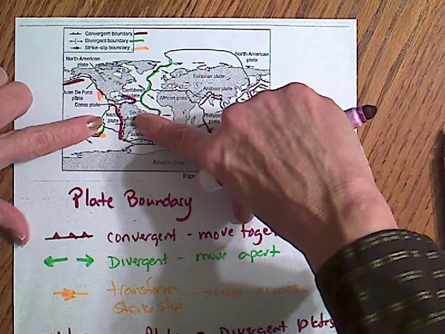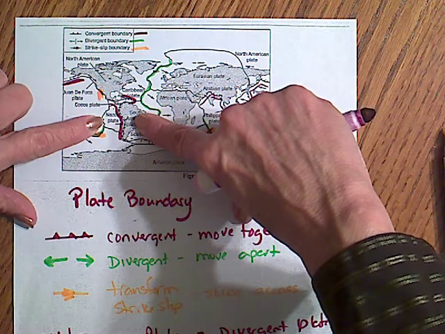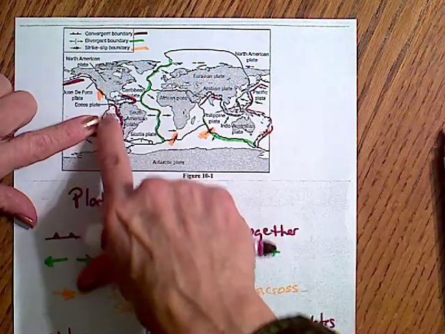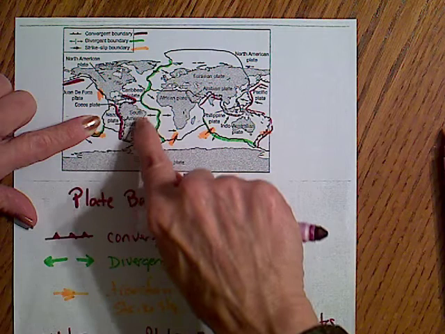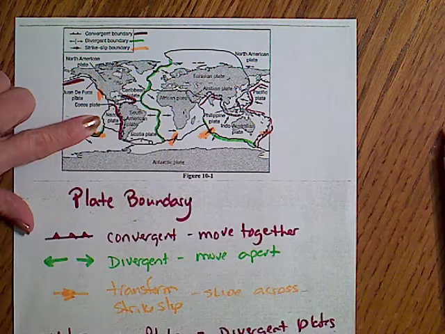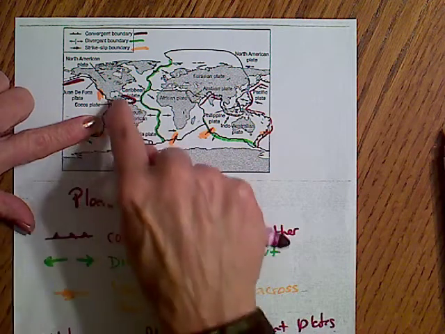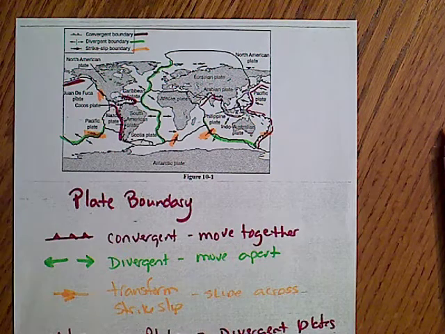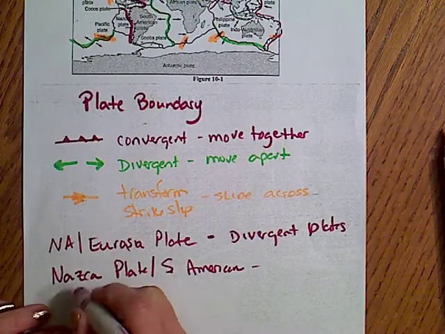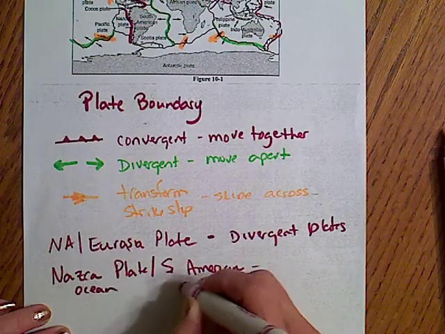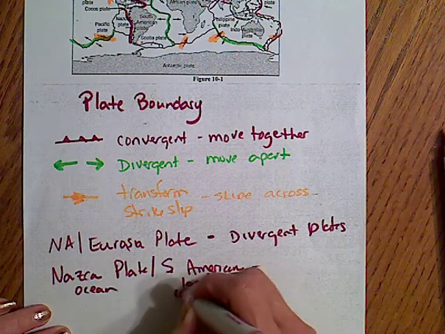But what else do you notice about these convergent boundaries here? You're right, this is an ocean plate on this side, and this is a continental or land plate on this side. So when I get that, I get a nice subduction zone there. So here I have an ocean plate, and here I have a land or continental plate.